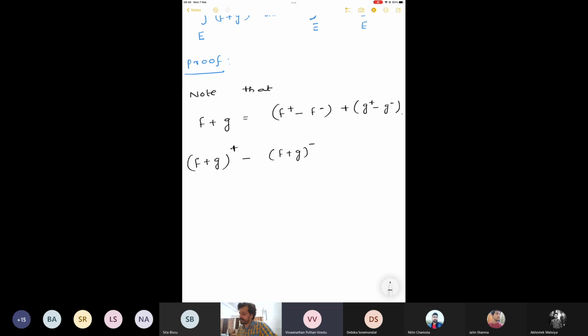That is the decomposition of f plus g. But that is equal to f plus minus f minus plus g plus minus g minus.